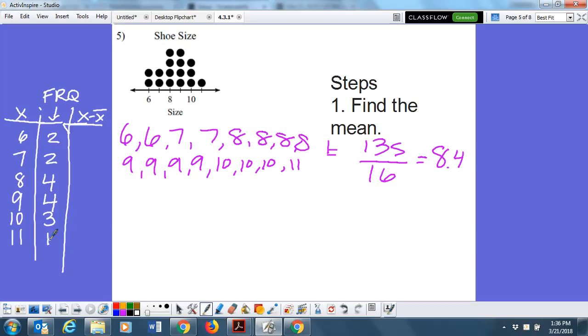Okay, so the way that you do the standard deviation, after the first step, you have to take all of your data, which this is our data, and we have to subtract the mean from it. So X with the line on top, that represents the mean.